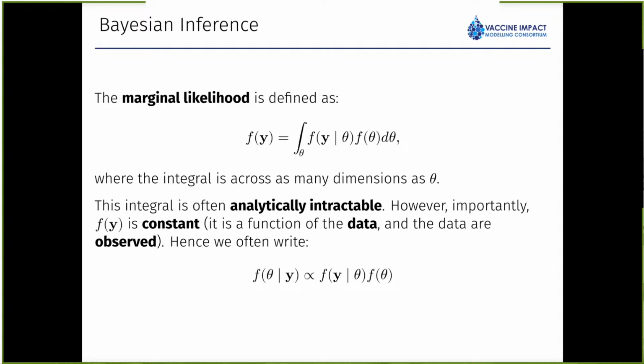Okay? And in the next lecture, we will talk about Markov chain Monte Carlo, which is a technique that we use to estimate posterior distributions without having to calculate this thing. All right? But all I will say is that we tend to have to jump through hoops to avoid having to calculate this thing. Okay?